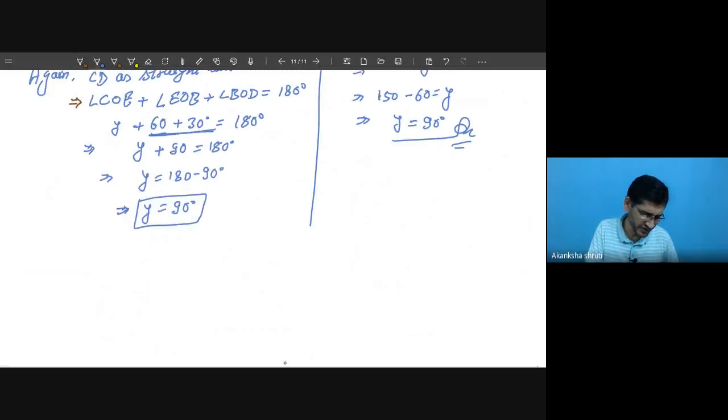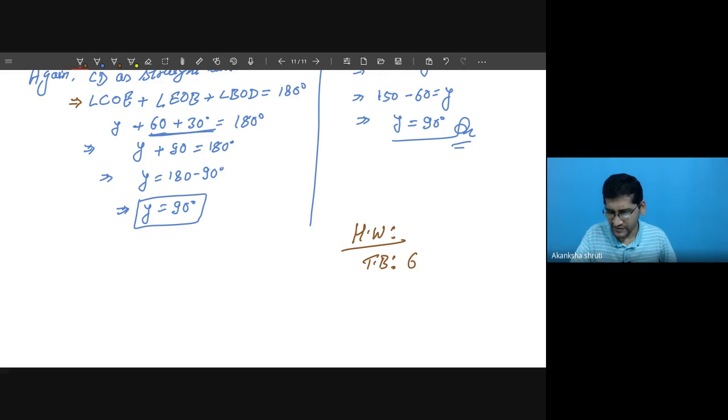So write down the homework. Students, your homework is our textbook 6.1. Please solve only this much. And RC, whatever you are solving, linear equation in 2 variables, please finish those questions. Linear equation in 2 variables, question number 10, I think I have given from 1 to 10, no?